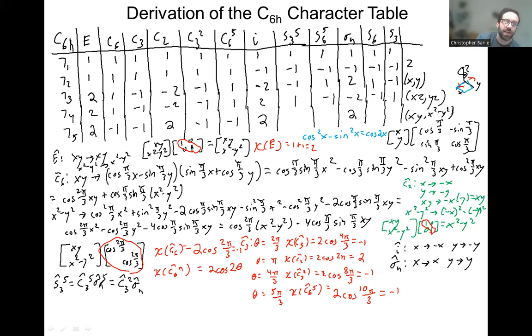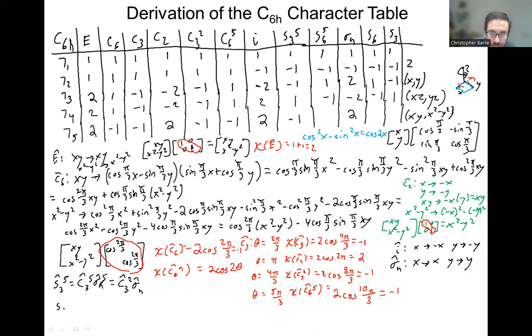So S3 five times is just like doing a C3 twice followed by sigma h, but we know sigma h does nothing to the xy vectors, and a C3 twice is worth a negative 1. So the character there is going to be the same as C3 squared, which is negative 1.